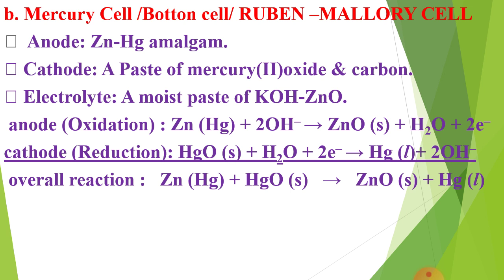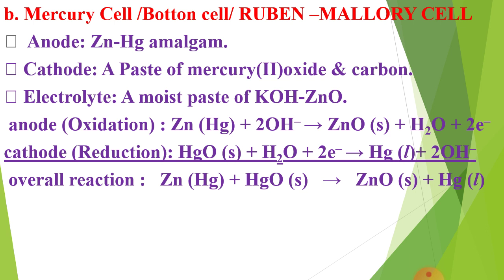That's why it is known as button cell. Anode, Zn-Hg amalgam. This is also a type of solution. Cathode, a paste of mercury(II) oxide and carbon. Electrolyte used is a moist paste of KOH and ZnO. Again moist means containing moisture.